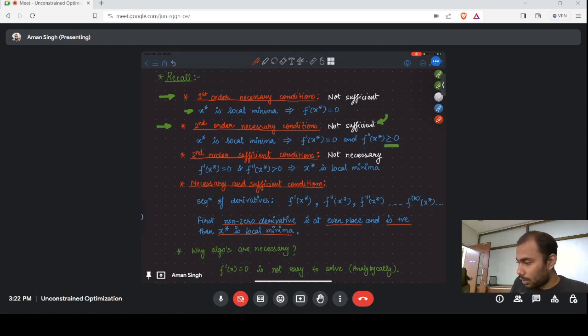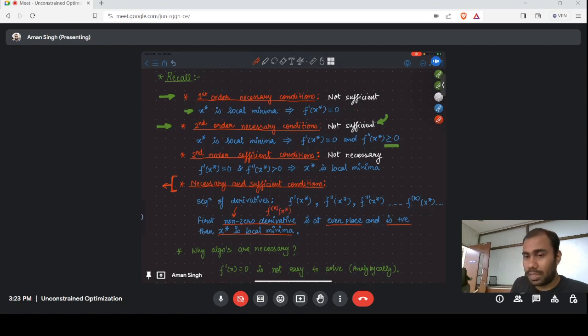So then we finally came to the necessary and sufficient conditions for the function. Let's say we have a sequence of derivatives at some point: first order, second order, third order, and kth order, and so on. Let the first non-zero derivative be f^(k)(x star).